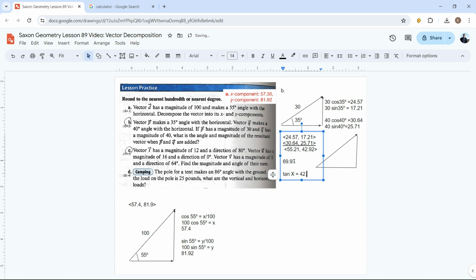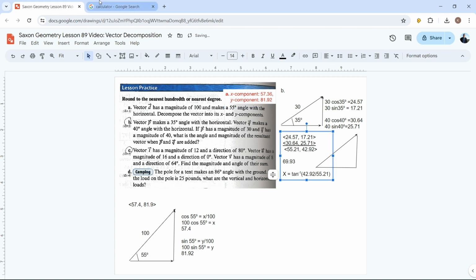Y is 42.92 over the adjacent 55.21. Now, I'm going to take the inverse tangent of both sides of this. That undoes the tangent on the left and gives me the inverse tangent of what's on the right. So what I need to do is find the inverse tangent of 42.92 over 55.21.